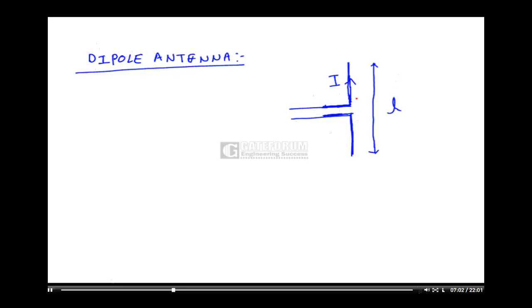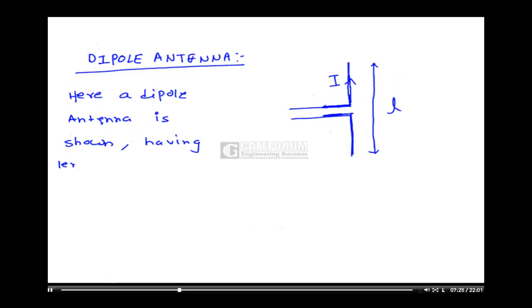This is the dipole antenna. Here a dipole antenna is shown having length L and carrying current I.